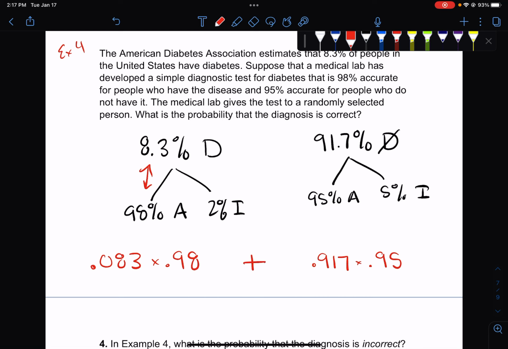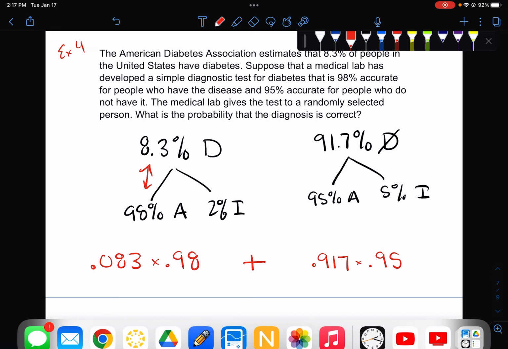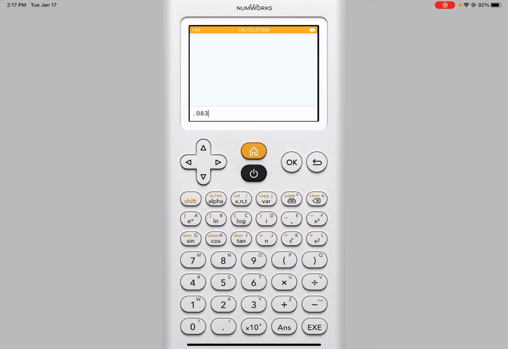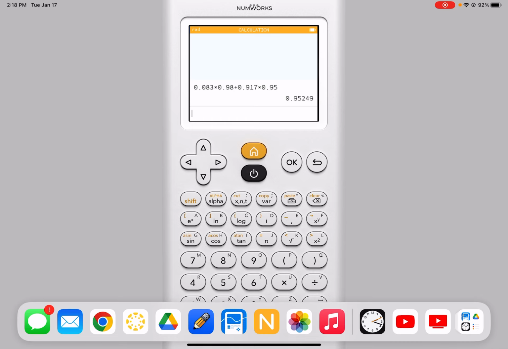So let's do that on the calculator. 0.083 times 0.98. Nope, that's not the calculator. 0.083 times 0.98. Then I'm going to add 0.917 times 0.95, right? Because, yep, I think those are the right numbers that I wrote down. When I hit enter, I get 0.95249, which represents a percentage, 95.249%, right?